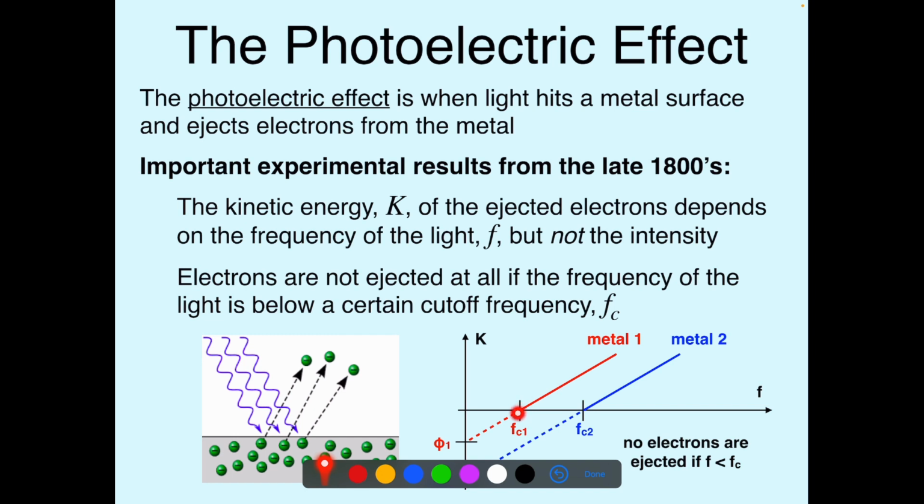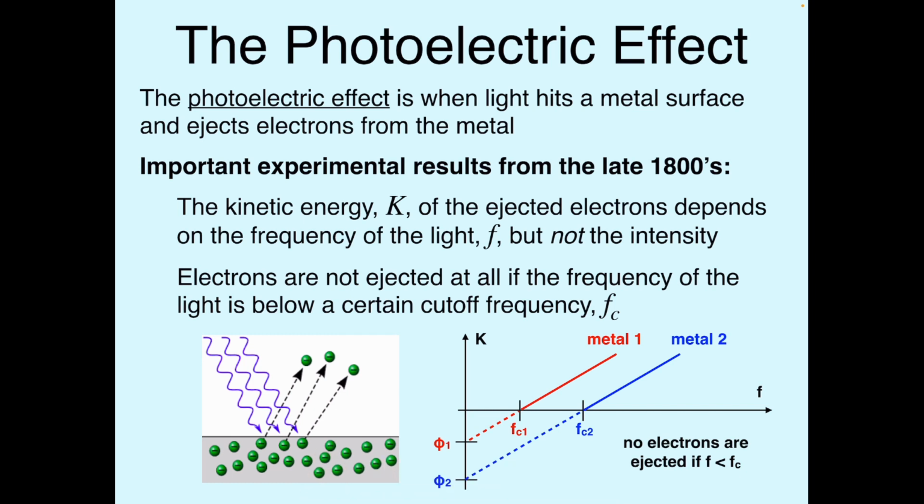And that's where the frequency is equal to Fc, okay? Because the lowest possible kinetic energy for the outgoing electrons is 0, can't go negative. So this is the lowest frequency where we can actually kick out electrons. So any frequency above this is going to end up with electrons being ejected. And any frequency below this is not going to result in electrons being ejected. So nothing will be emitted from the surface at frequencies below the cutoff.